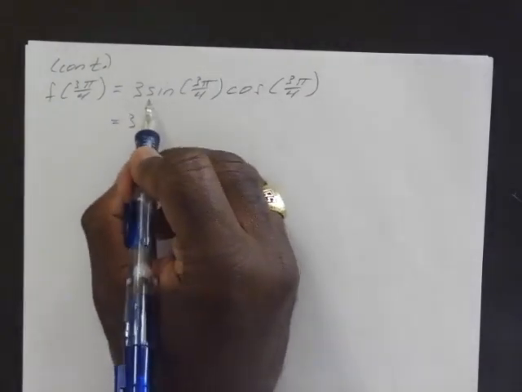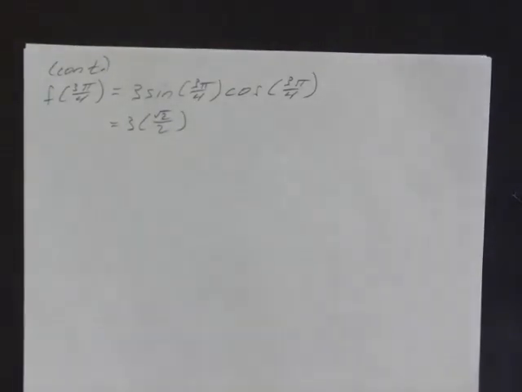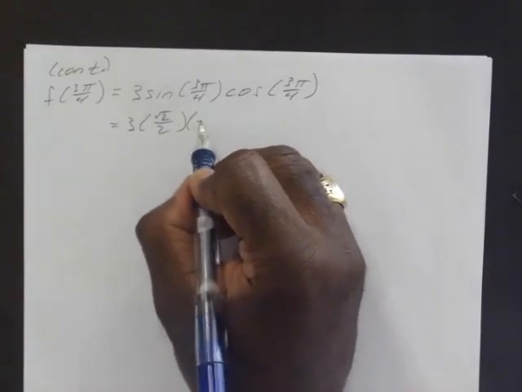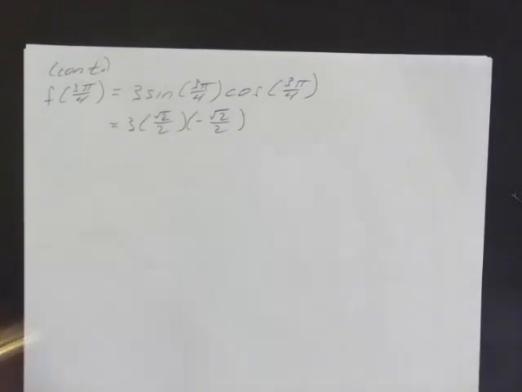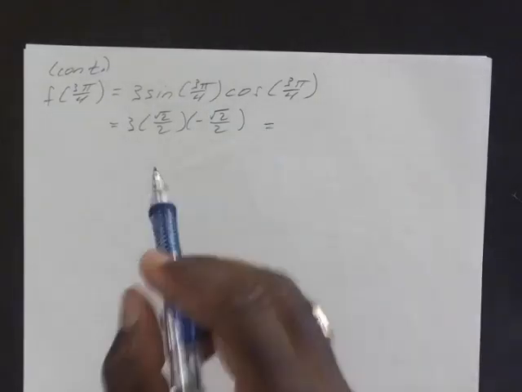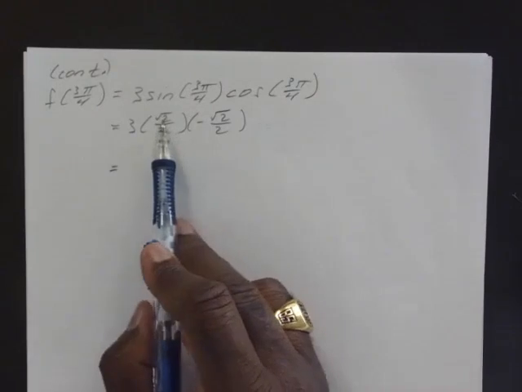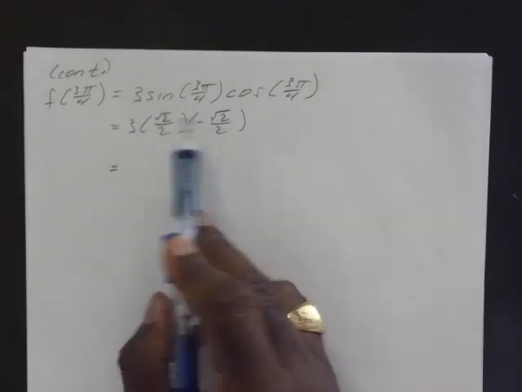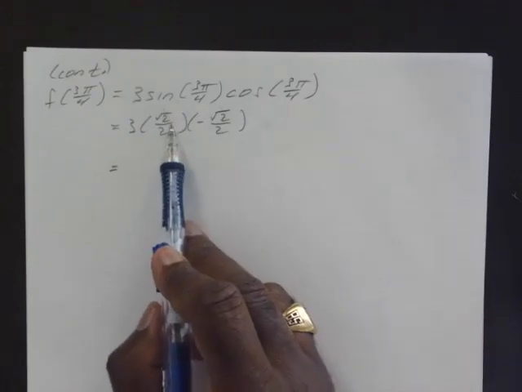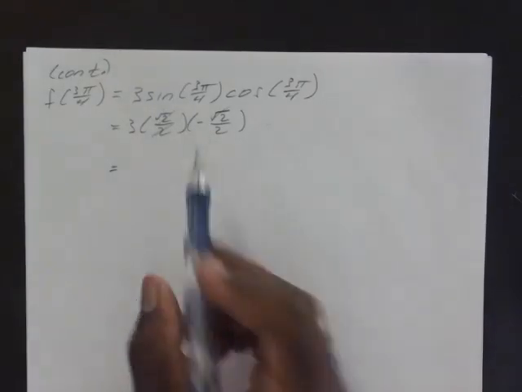Sine of 3 pi over 4 is square root of 2 over 2, and cosine of 3 pi over 4 is negative square root of 2 over 2. I'll put it underneath it just to make it a little neater. Square root of 2 times square root of 2 is 2, so if we multiply these two, it cancels out with one of the 2's down here. So we're left with just negative 3 over 2.